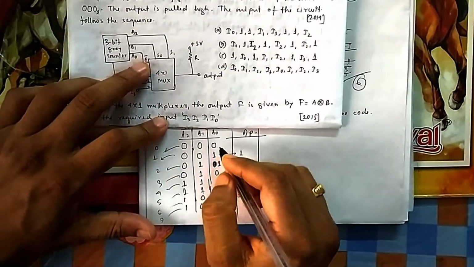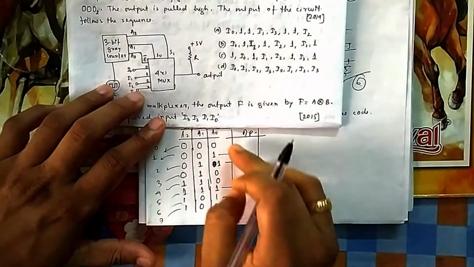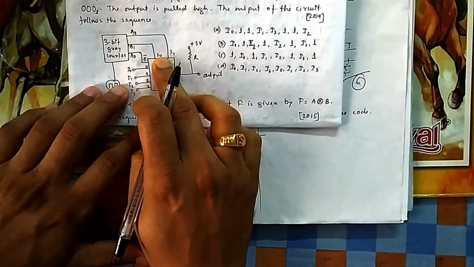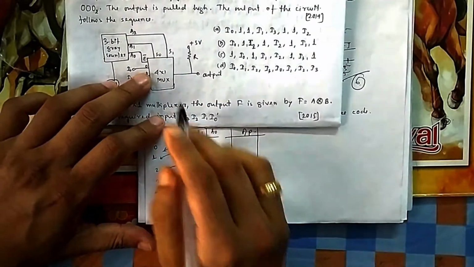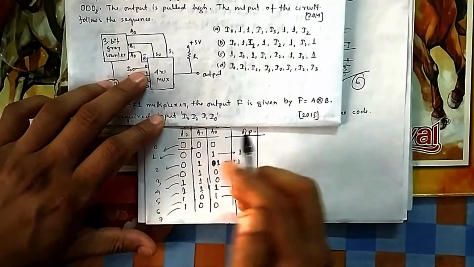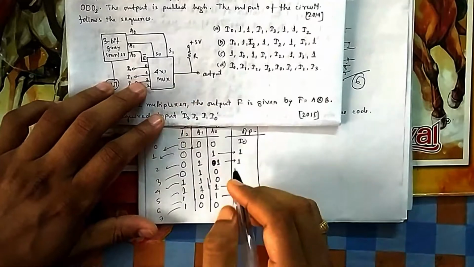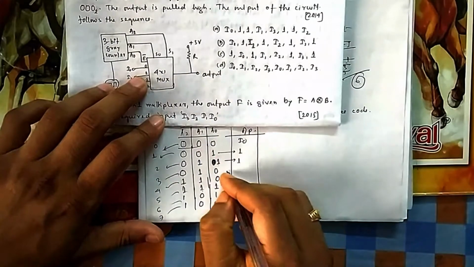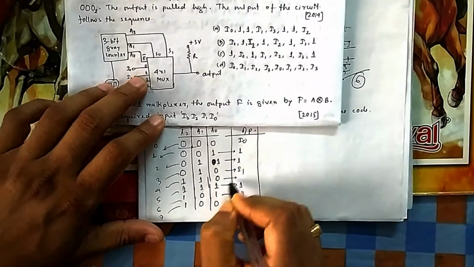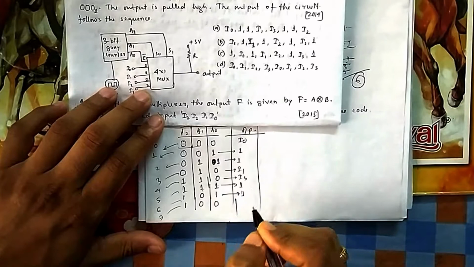Now in the other state, when it is 0, that means the mux is enabled. Enabled means it will take output as per the control signal, the corresponding signals will give. Now if your control is 0 0, first item will be selected, so I0 will be connected to the output. Second, if it is 0 1, 0 1 means 1, so I1 will be connected to the output. 1 1 means 3, so I3 will be connected to the output.